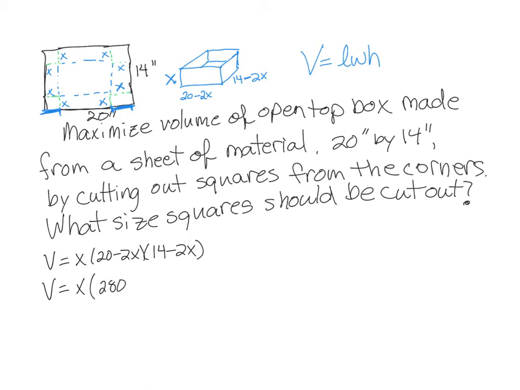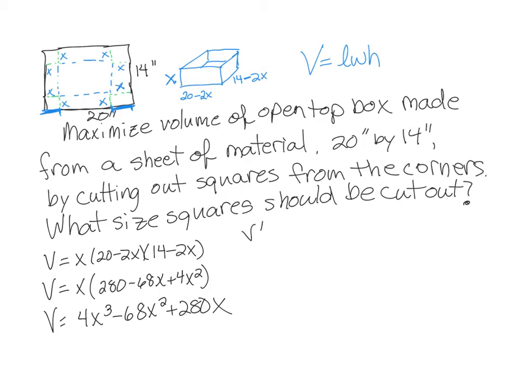And then the outer's 40 and the inner's 28 gives me minus 68x. And then 2 times 2, a minus times a minus, x times x. Now distribute that x, and I'm going to write the highest power first, if you don't mind. And there we have the formula for the volume.